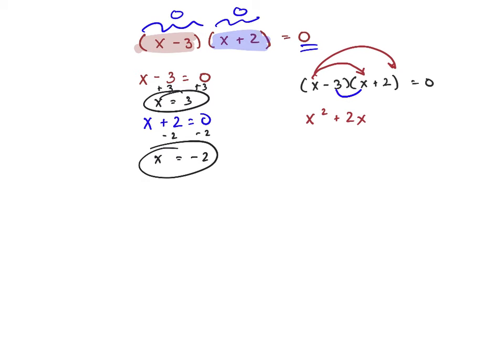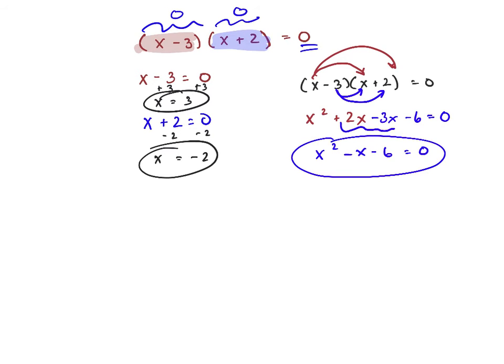Then negative 3 times x, and negative 3 times 2. These are like terms right here. So x squared minus x minus 6. So this quadratic equation is equivalent to this factored equation.